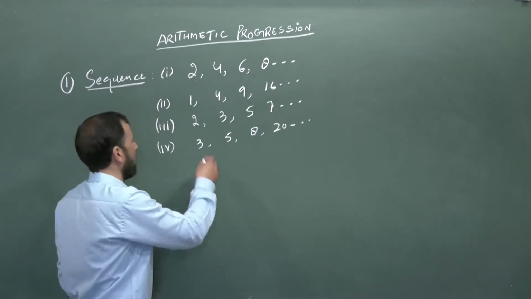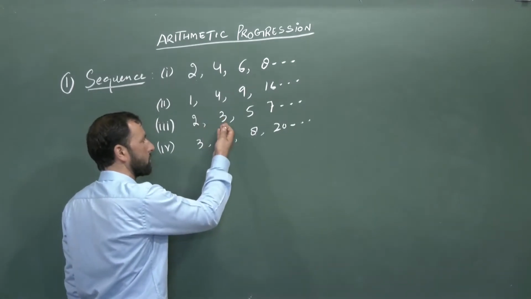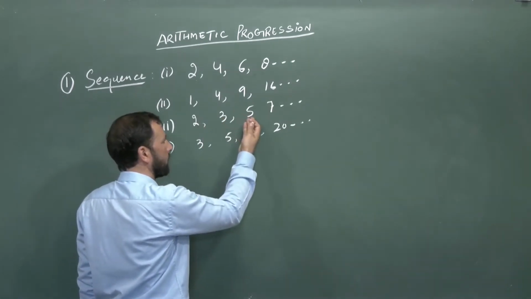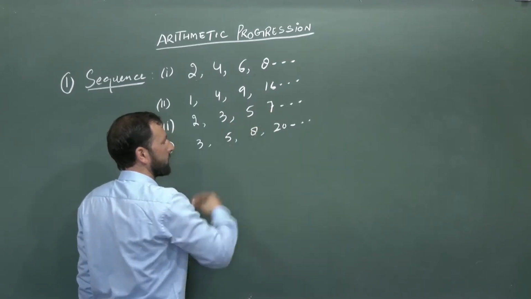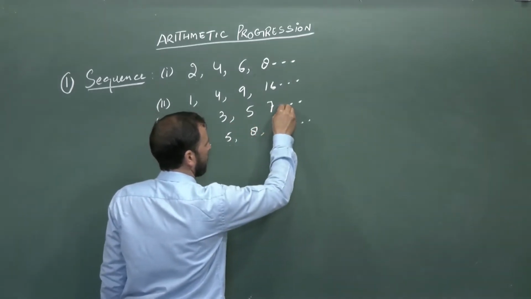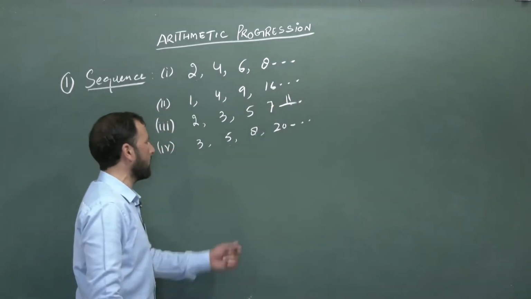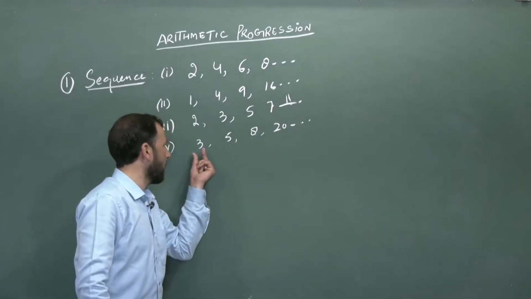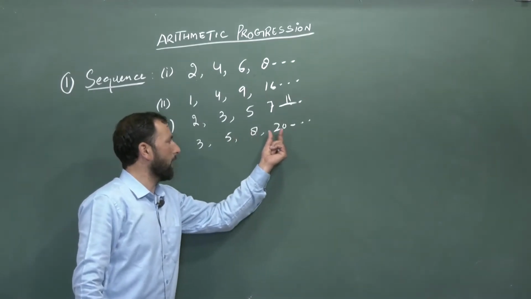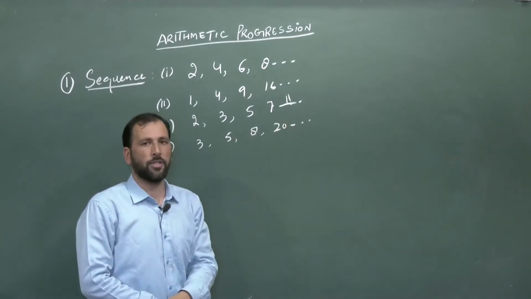Here in the third, the first term is 2, the second is 3, the third is 5, the fourth is 7, and we can write down the next term as 11. But in this case, 3, 5, 8 and 20, we can't write what the next term is.